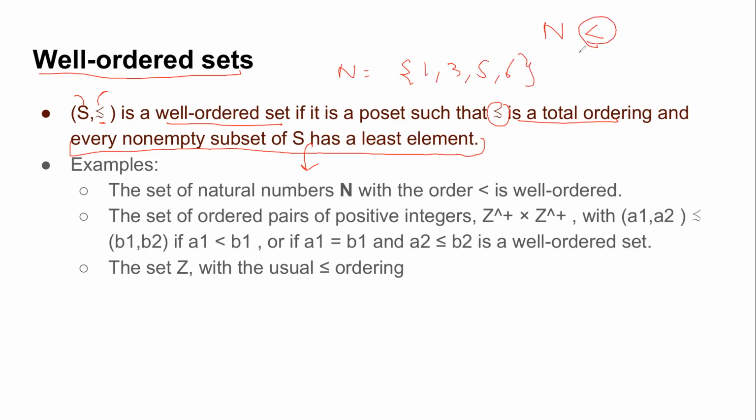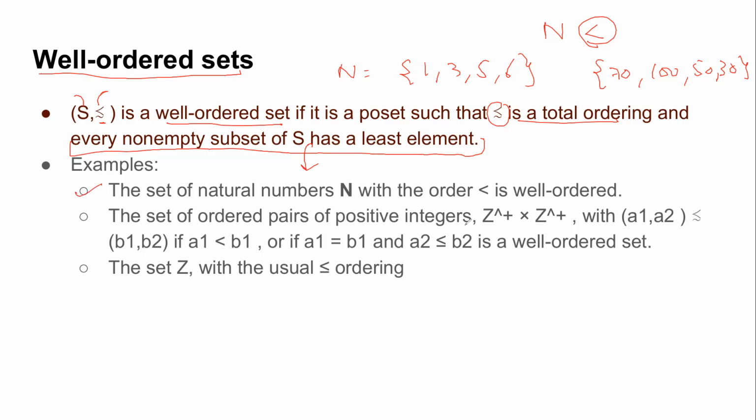Yes. If I take any subset, say 70, 100, 50, 30, am I guaranteed to always have a least element in any non-empty subset? Yes, I am guaranteed. Such sets are known as well-ordered sets.